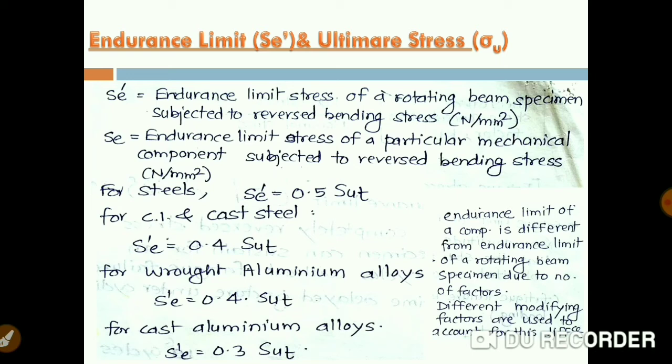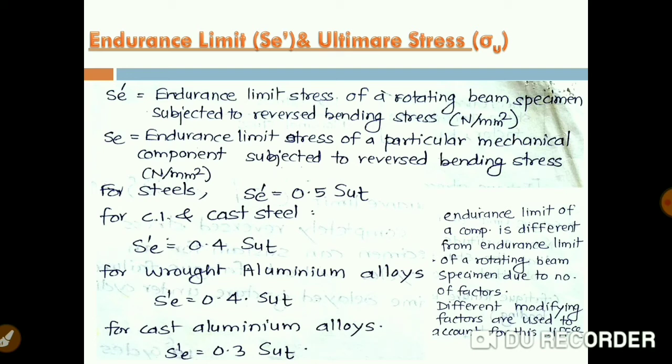For the endurance limit of the specimen, for steel it is 0.5 times ultimate stress, for cast iron or cast steel it is 0.4 times ultimate stress. For wrought aluminum alloys it is 0.4 times ultimate stress, and for cast aluminum alloys it is 0.3 times ultimate stress.